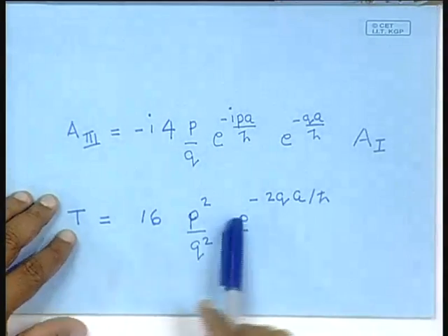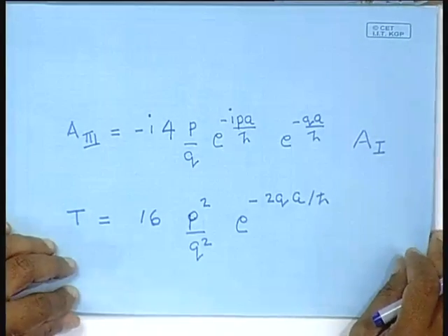This tells us the probability that the particle will get through the barrier.